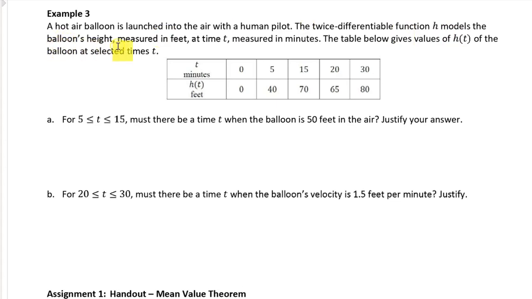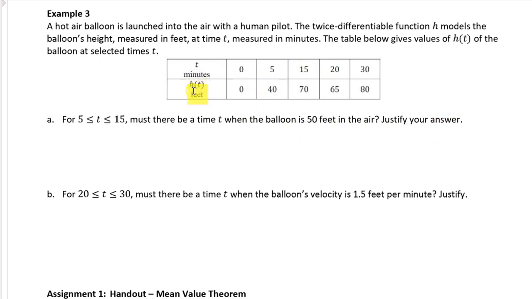It models the balloon's height measured in feet at time t measured in minutes. The table below gives values of h of t of the balloon at selected times t. Part A says, for the interval from 5 to 15, must there be a time t when the balloon is 50 feet in the air? Justify your answer. So in this interval, does the balloon hit 50 feet in the air?